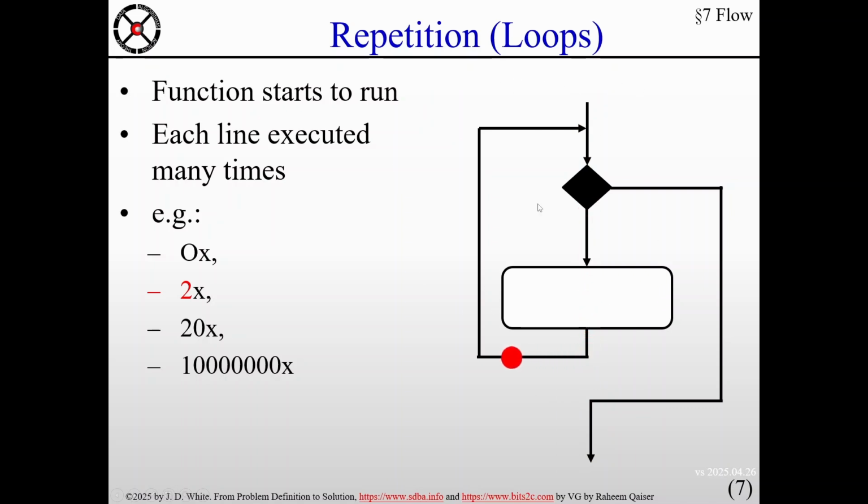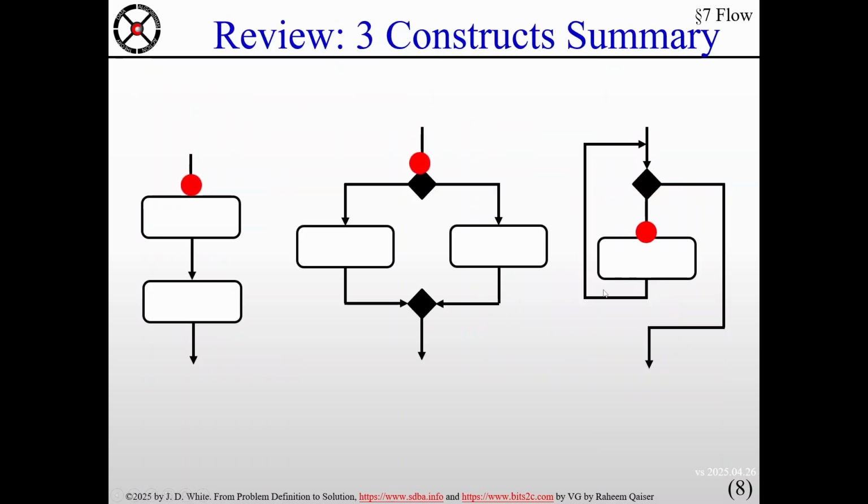If it's false, it will not. So generally, we should label this output as the true condition, and the other output goes another way. All right, so these are our three constructs.